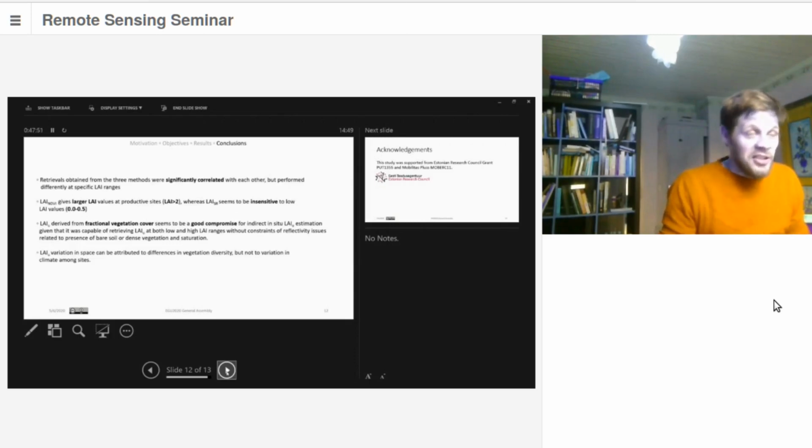In some cases, especially when mosses are involved, this becomes really challenging, and you cannot really batch process the pictures. For some sites you can do this when you have a good contrast, but when you haven't, you really need to invest time in carefully fine-tuning the masking process of the pixels. So this is the only drawback for the fractional vegetation cover method.